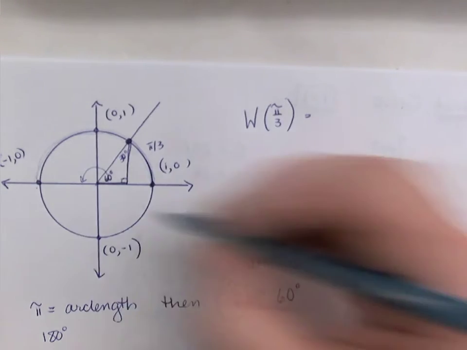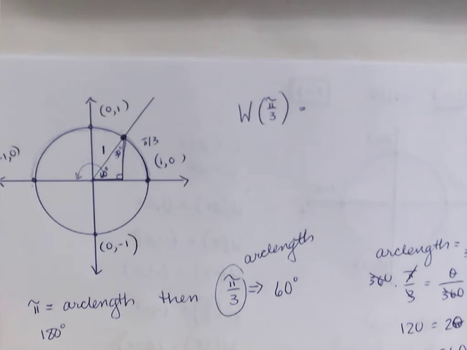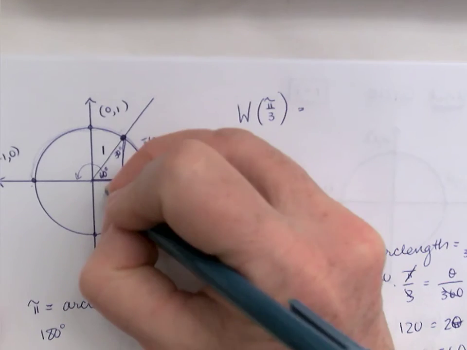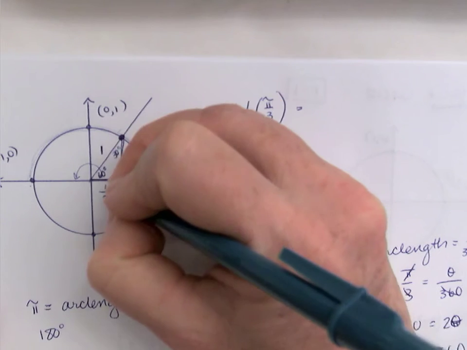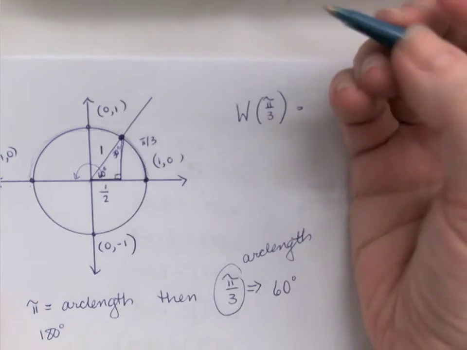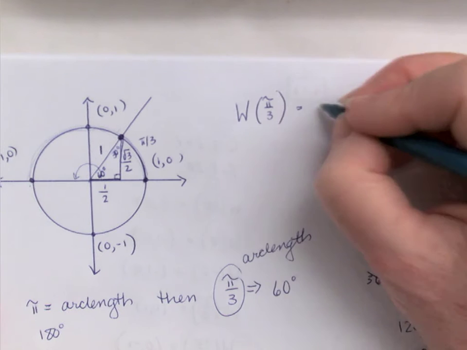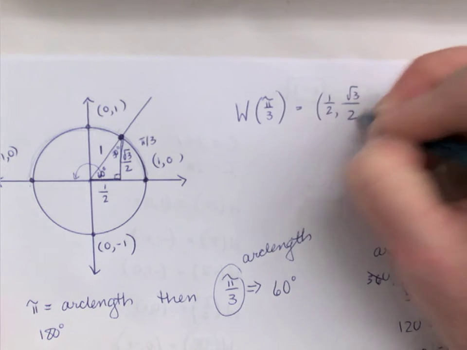And the one thing we know about this triangle is that the hypotenuse has length 1, because this is a unit circle. So if the hypotenuse is 1, then the side opposite 30 degrees is going to be 1/2, and the side opposite 60 degrees is going to be this thing times square root of 3, which is square root of 3 over 2. So wrapping pi over 3 will leave me at the ordered pair 1/2 and square root of 3 over 2.